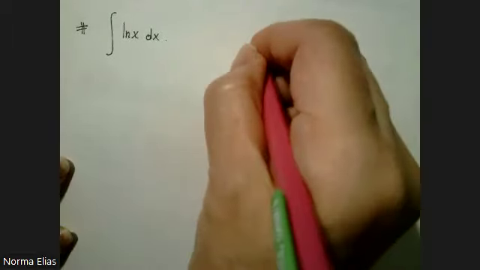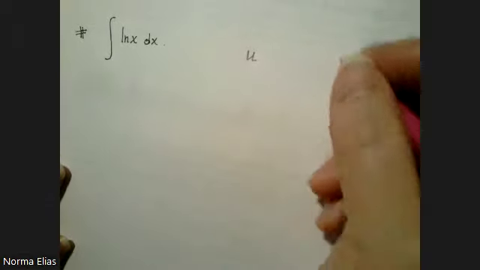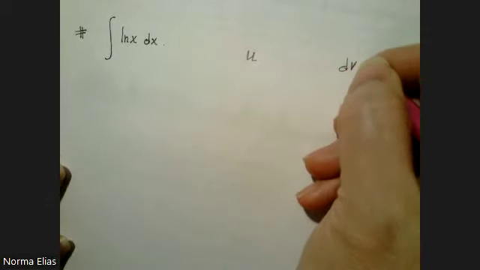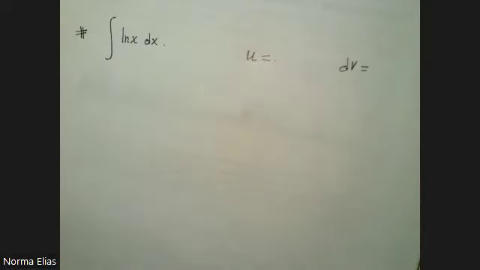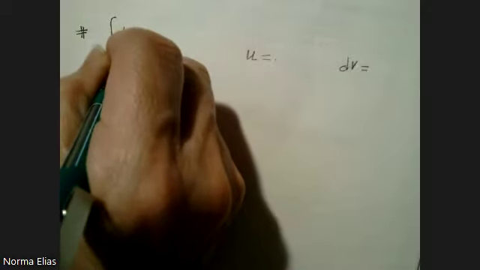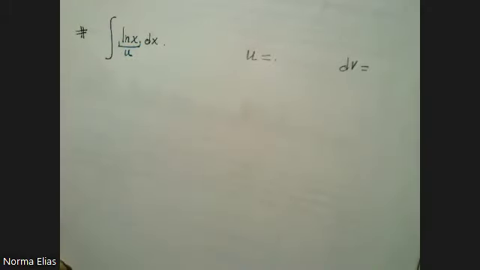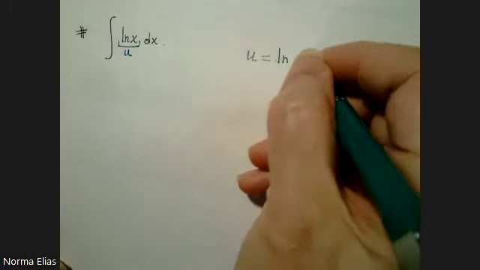So we're going to pick a u and we're going to pick our dv. So what do you think the u is going to be? Maybe ln? Yes, we have no other choices. We're going to pick u to be ln. I don't really have any other choice.